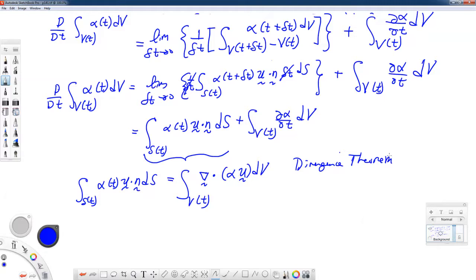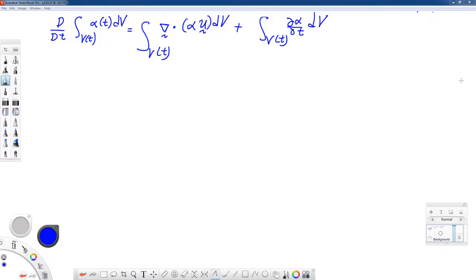Alright, now let's start to put this together. Let me make a little bit more room. So now we have both of these terms on the right hand side, and on the left hand side as well, as volume integrals over the same volume. So I'm going to rewrite this one more time.